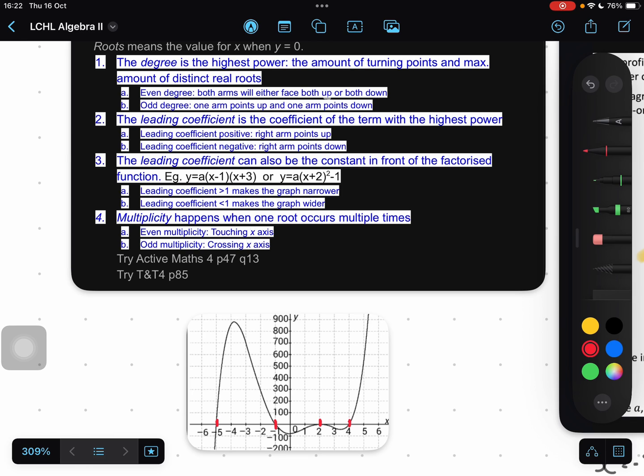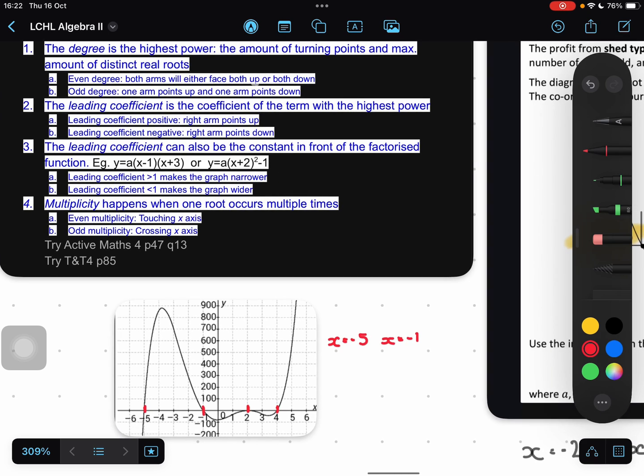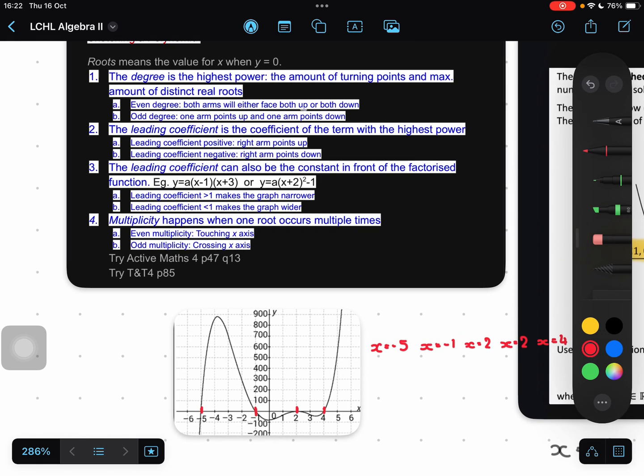So if I was to list out all my roots, I would have that x is minus 5, x is minus 1, x is 2, x is 2, and x is 4. Those would be my roots there.